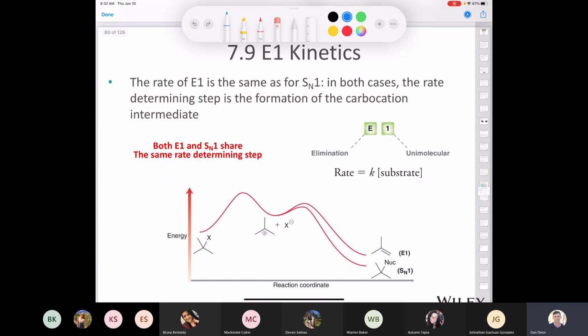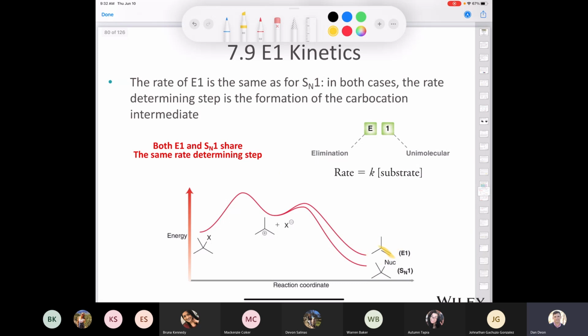Well, the rate determining step is identical for both of them, whether I'm doing the E1 reaction or the Sn1 reaction. The difference is in the activation energy that produces the Sn1, or the substitution product, which is going to be more stable than the E1.